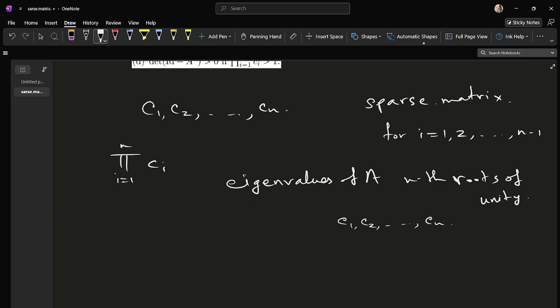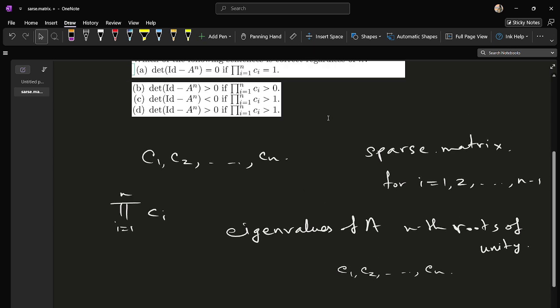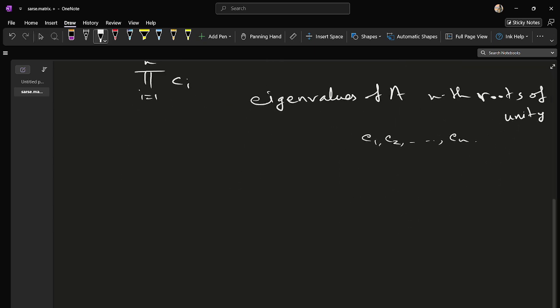So now step 3 will be the determinant of I minus A to the power n.